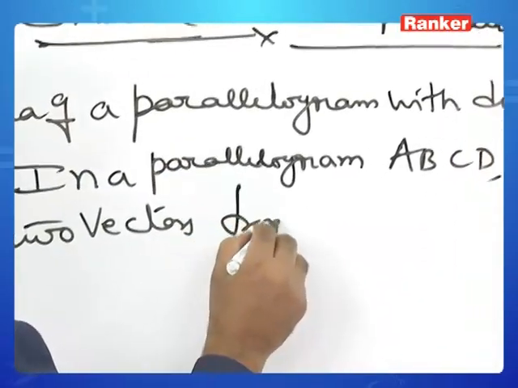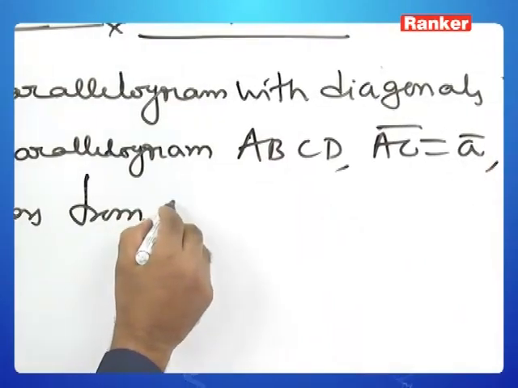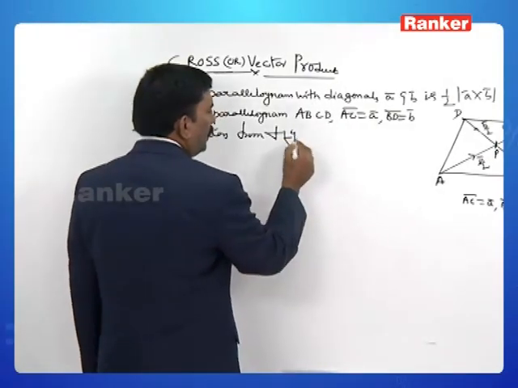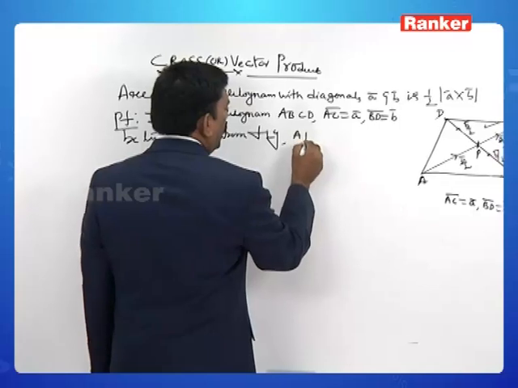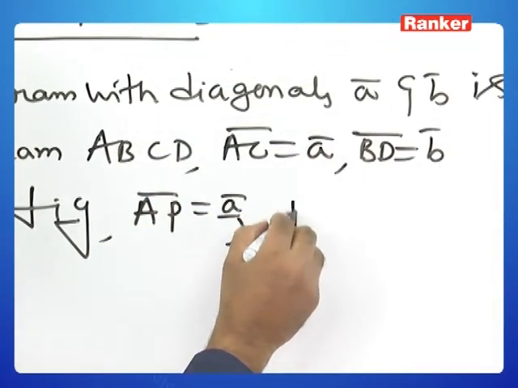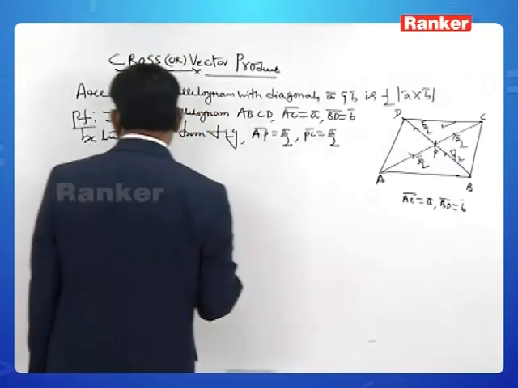From the figure, I can write AP bar is equal to A bar by 2, PC bar is also A bar by 2.